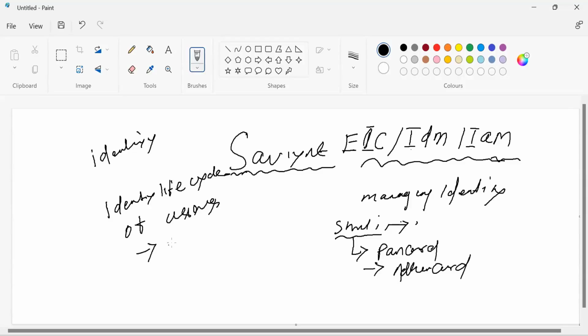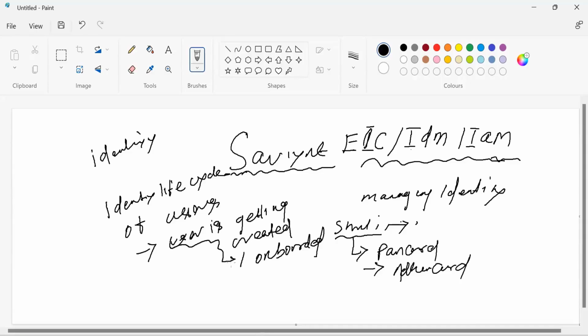Basically, when the user is getting created, or you can say the user is getting onboarded. This is a life cycle.